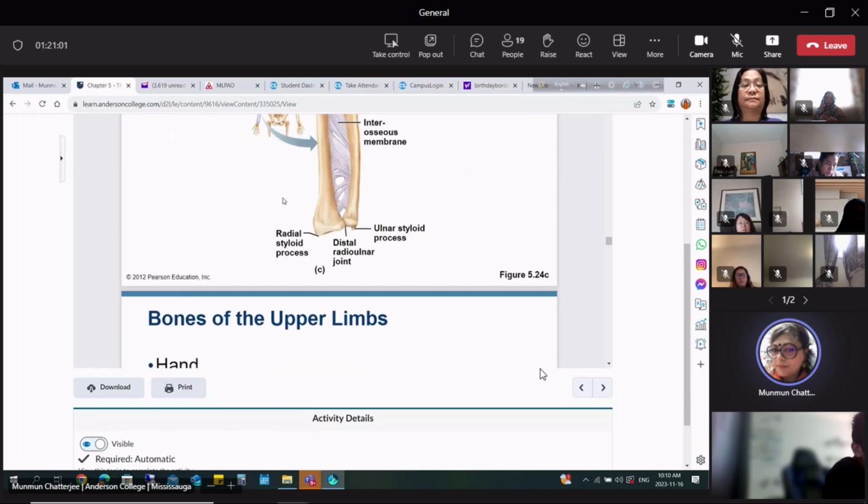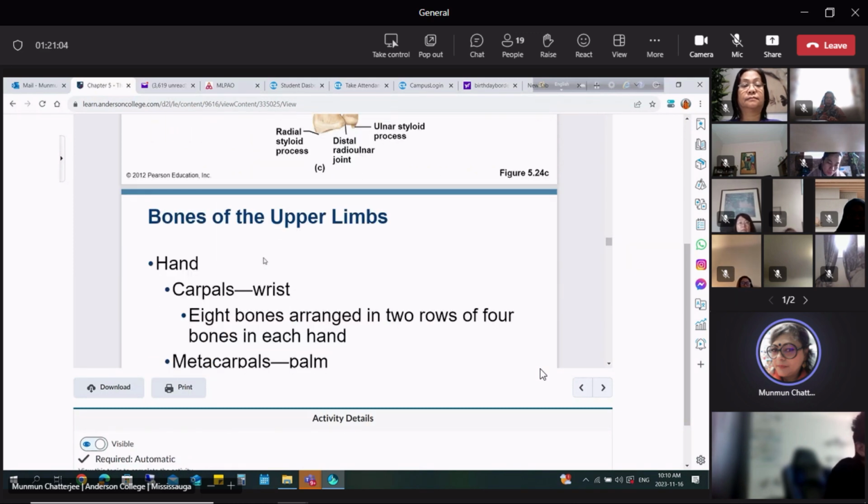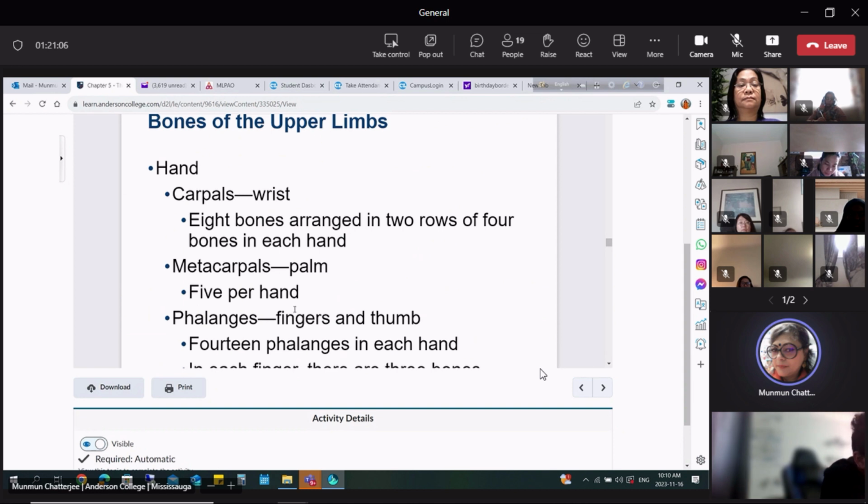Carpals are the wrist bones, and metacarpals are near the palm. You have 5 per hand, because they are going to end up in the fingers, and we have 5 fingers. The finger bones are called the phalanges.